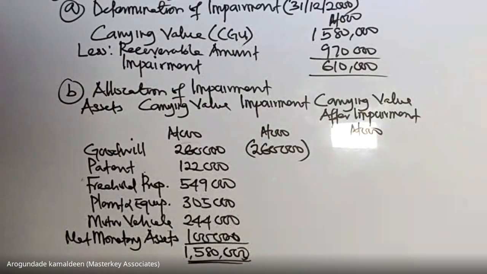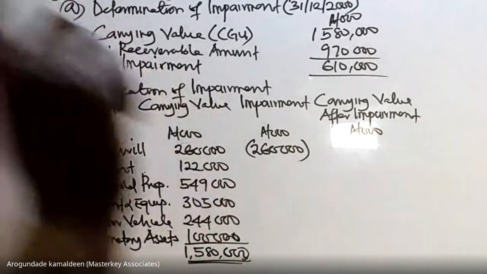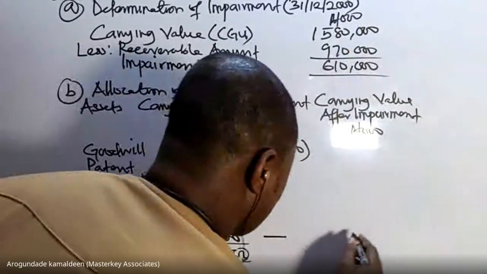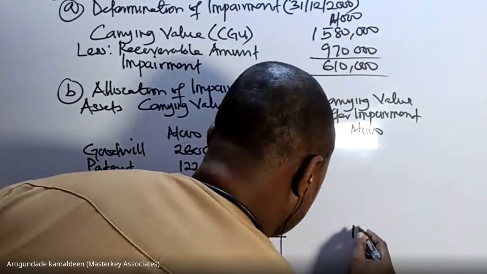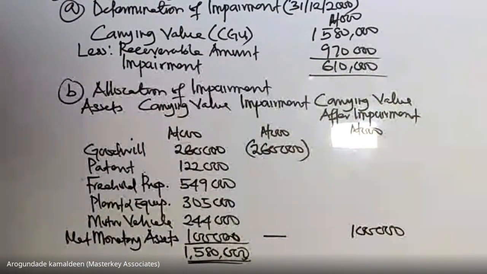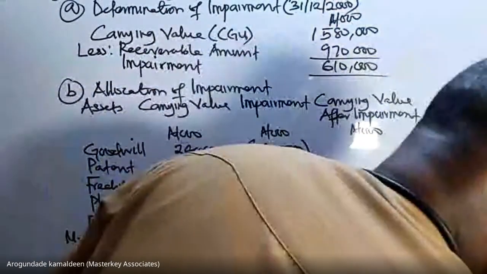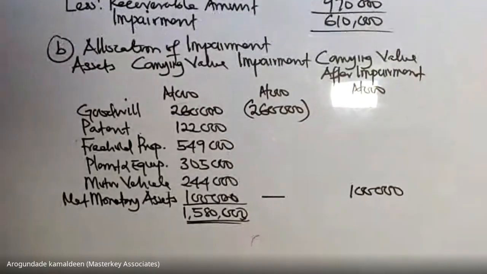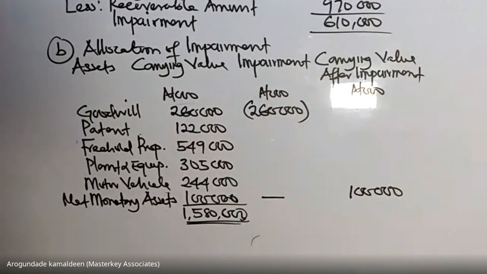Now I told you that you do not allocate to monetary asset. You have one here, just transfer what you have here to it. So 610,000 minus 260. What do we have there left as impairment? 350.